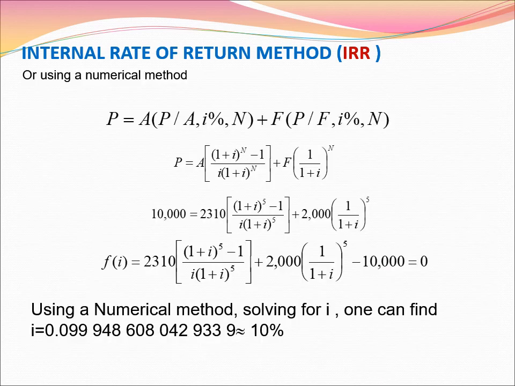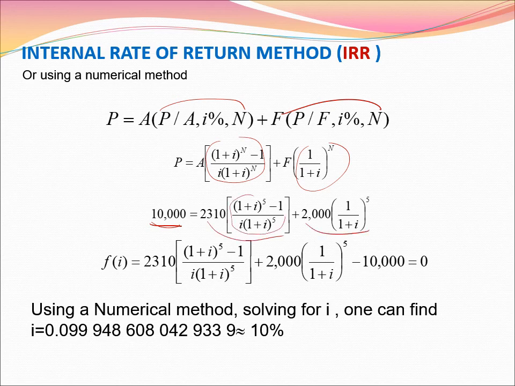Of course, we can use, as I told you, other methods. Instead of solving like this using a linear interpolation, we can use a numerical method. And simply, instead of writing the equation with factors, we plug in their formulas. And using these formulas in our calculation, we make the expense equal to the present worth of the revenues.